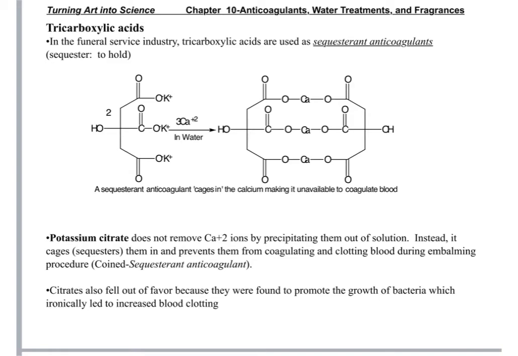In the funeral service industry, the tricarboxylic acids are going to act as sequestrant anticoagulants. The citrates, though, fell out of favor because they were found to promote the growth of bacteria, which actually causes the blood to clot. So we did away with that, and potassium citrate is the one that we did away with.